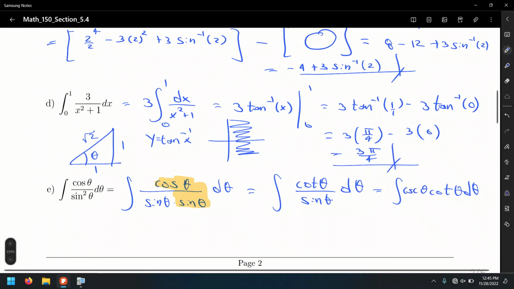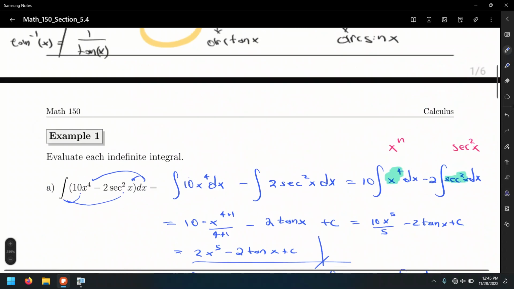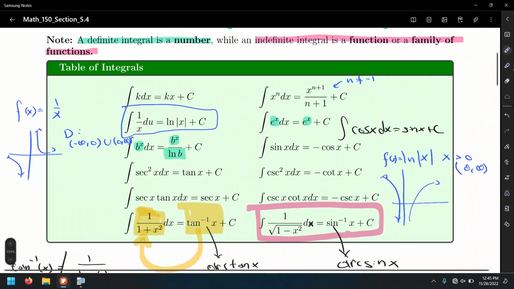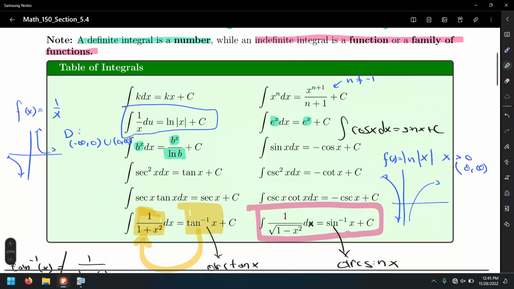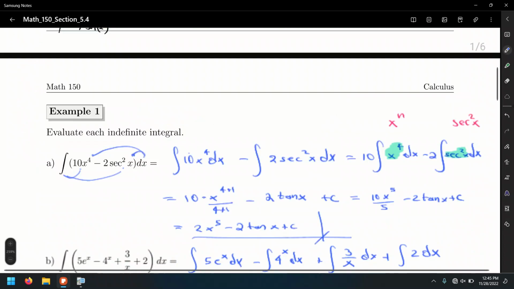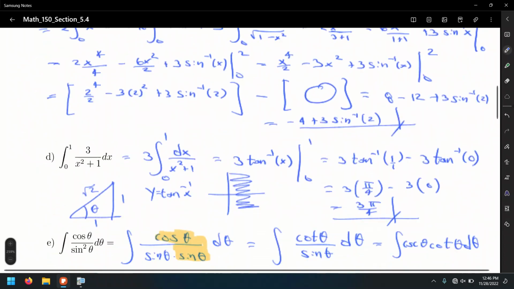Well, we have a form for cosecant cotangent because that's the derivative of, let's find out. It's right here. The integral of cosecant cotangent becomes negative cosecant. And that's our final result.